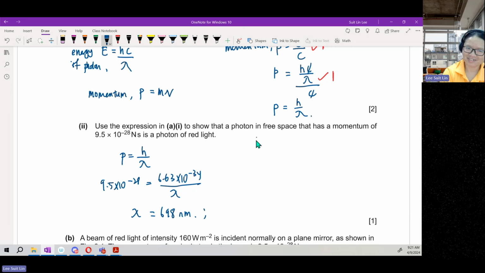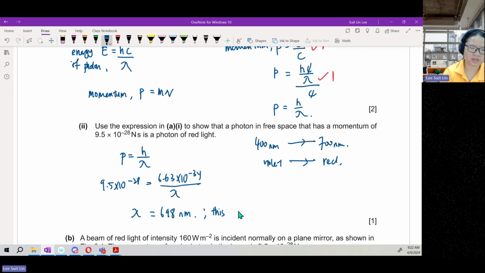So if you remember your electromagnetic spectrum from 400 to 700 nanometer, this is violet all the way to red. So this one is good enough, lah. Close enough to 700. Very close to 700.